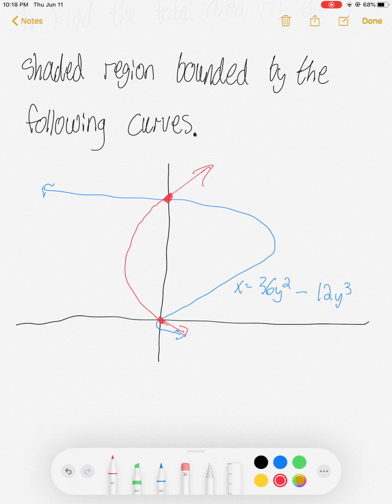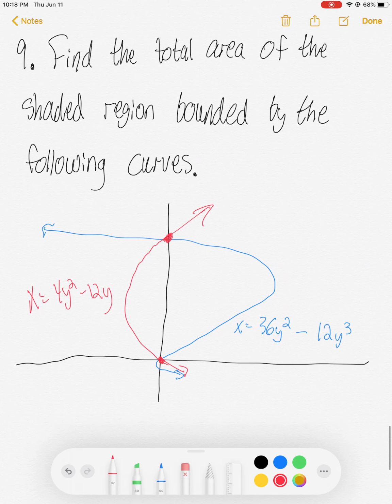It goes out further, like this, and it crosses right here. I'm going to make that point really big, so that your graph goes through it, and I'm going to make the origin very big as well. And this graph is given by x equals 4y squared minus 12y.